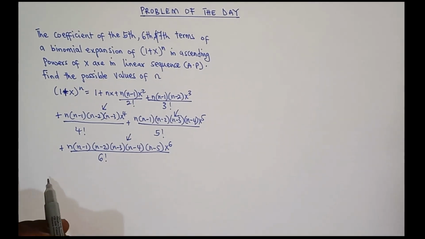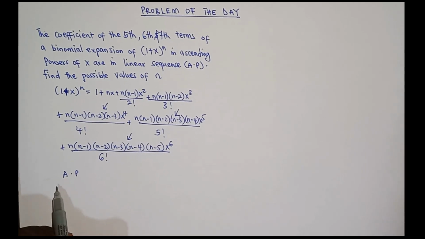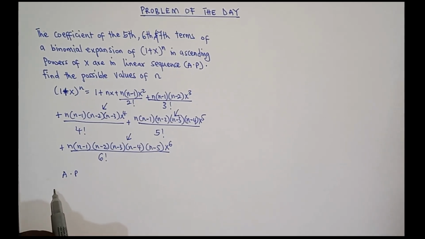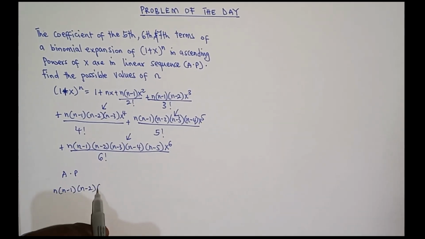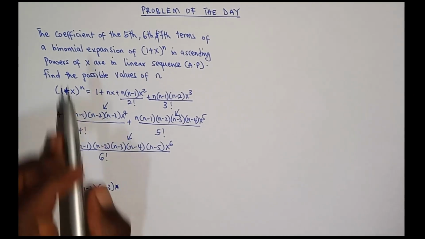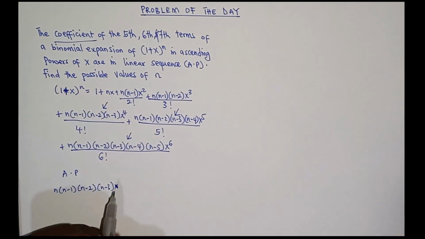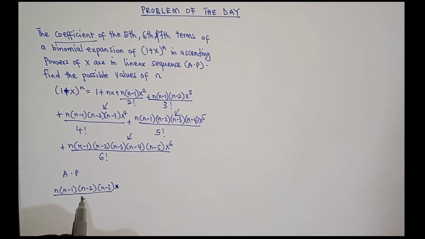So the AP: the first term is n(n − 1)(n − 2)(n − 3). However, he said they are coefficients, and therefore we leave out x, divided by 4!.